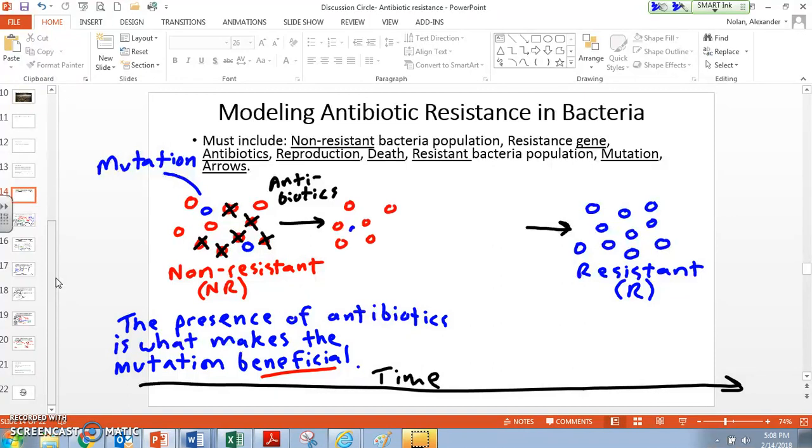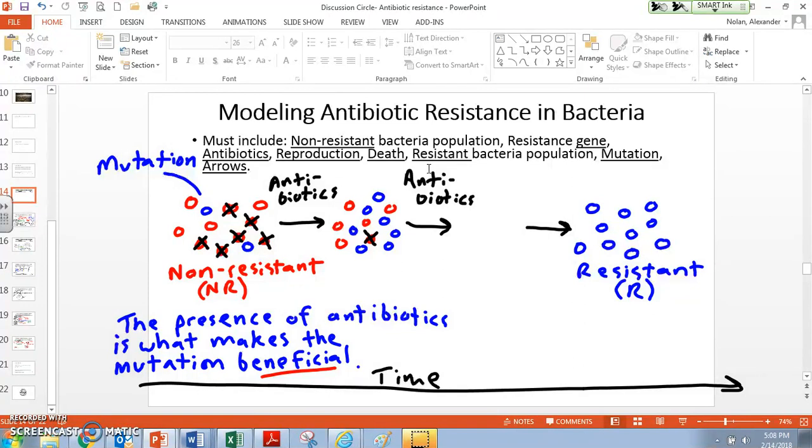However, we find that those resistant bacteria are also going to reproduce. And suddenly, because you killed a lot of those non-resistant bacteria, you see we have a significantly greater percentage of resistant ones. Before, we only had a couple of resistant bacteria. Now it looks like 50-50. We have even more that are actually resistant. So go ahead and treat them with some antibiotics again.